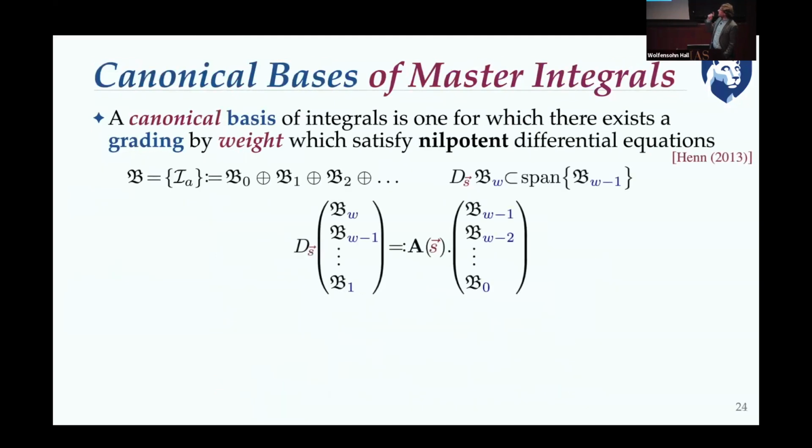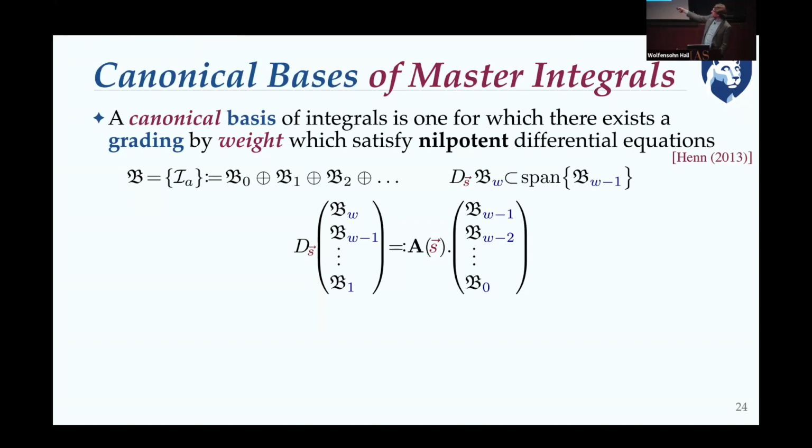Okay, so a canonical basis, in the Johannes Henn sense, is what people search for now when looking for integrals. They want to have a big list of integrals and organize them, and they actually solve this by brute force to have this property: there's a grading by something that we're going to define as weight, and there's a subspace of weight w, w minus 1, w minus 2, et cetera.